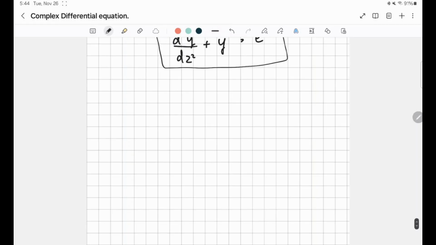So now we've got to solve this, and this is pretty easy.